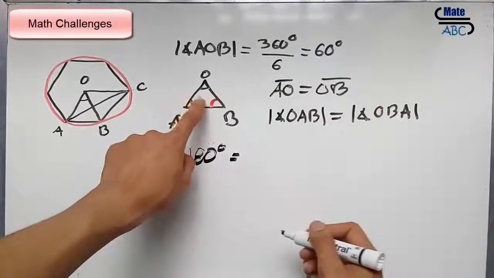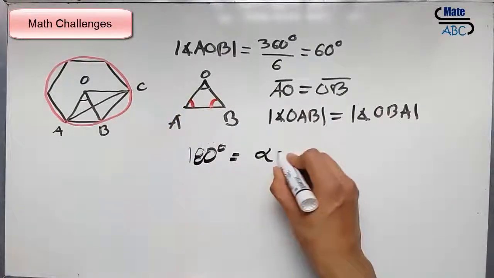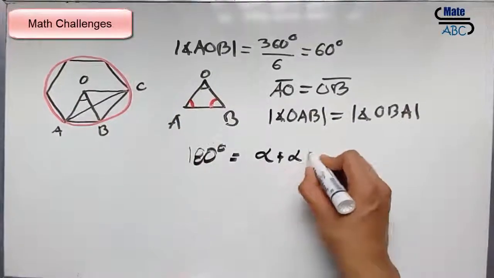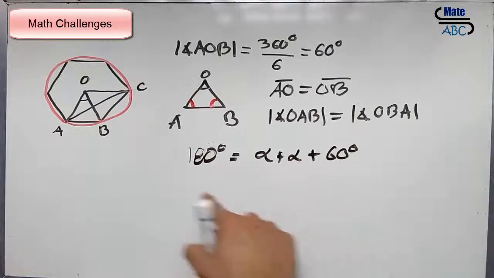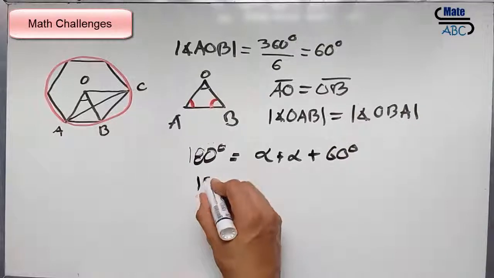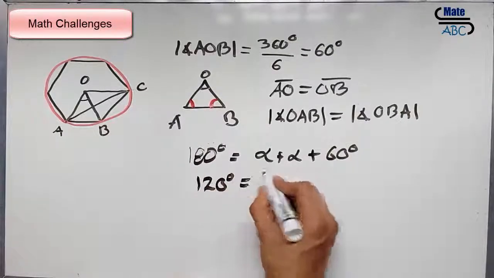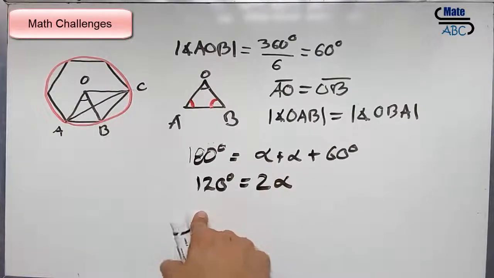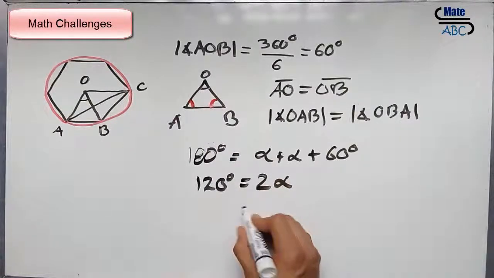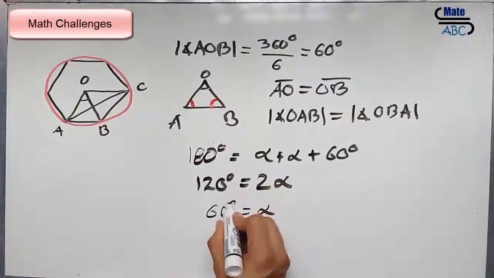So if we call this alpha, we have alpha plus alpha plus 60 degrees. If we pass it to the other side, subtracting, we have that 2 alpha equals 120 degrees, and this is equal 60 degrees.